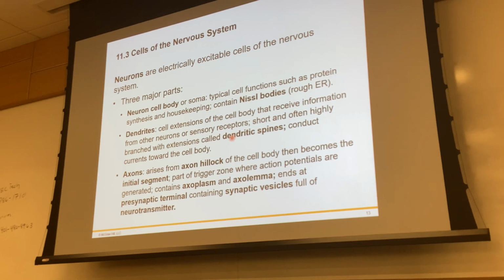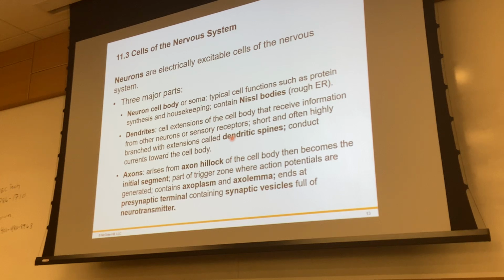And then there are two different types of cellular extensions. When you can see the difference between these extensions just by looking at them, it's one type of neuron, and when you can't see the difference, it's another type of neuron. What are the extensions? There are dendrites and axons.